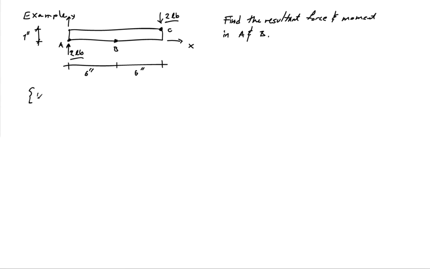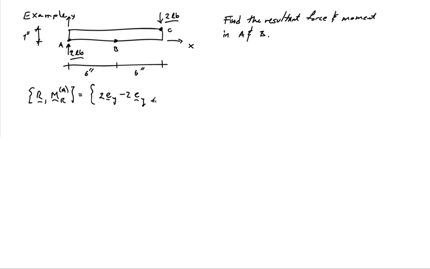So the resultant force and resultant moment in A. The resultant force is the sum of the forces, so that'll be 2EY minus 2EY, and the units there are pounds. I'll leave the units out, we'll fill them in at the very end.